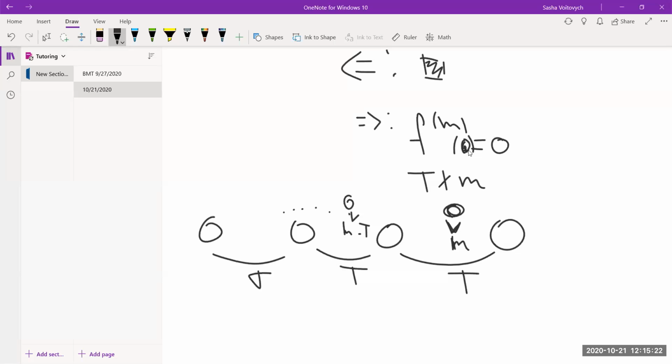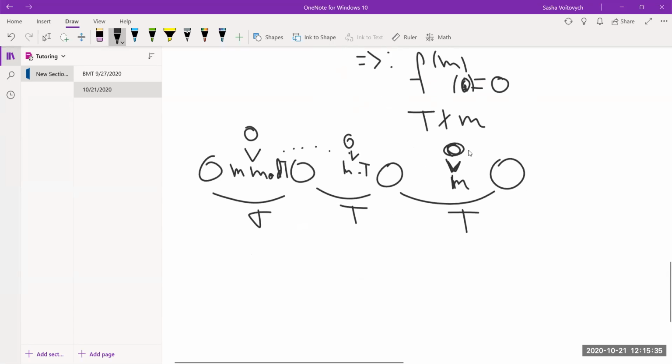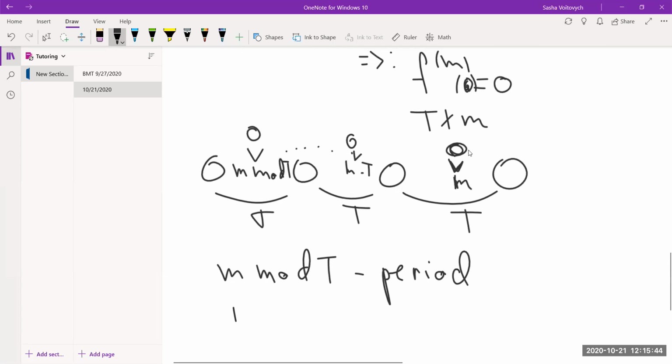And continuing doing that, we can show that it will appear at position m mod t. Okay? Then m mod t is also a period of this sequence. However, m mod t is less than t, but we assume that t is the least period of this sequence.